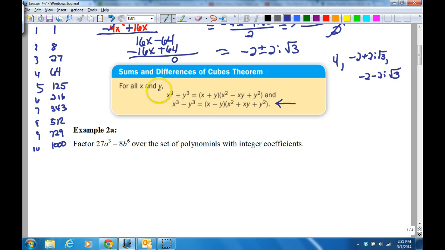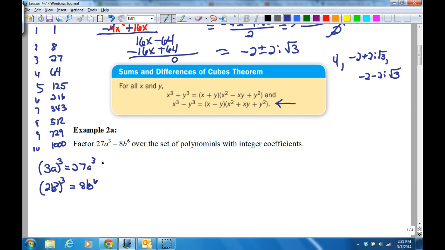The first thing I want to do is find out what the cubed root of 27a to the third is. 3. So 3a to the third equals 27a to the third. How about 8b to the 6th? What is the third root of that? Yep, 2b squared to the third equals 8b to the 6th.